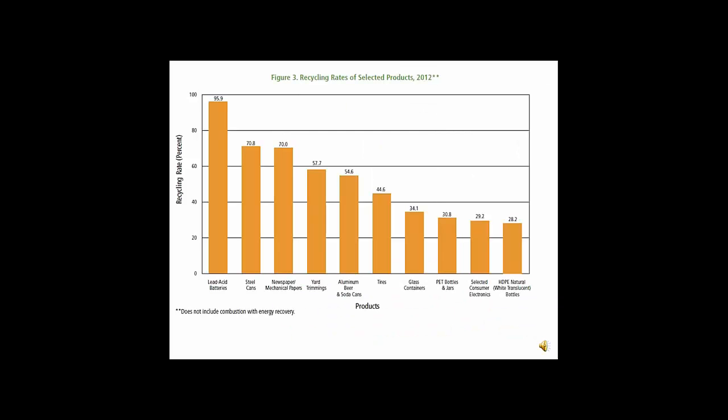Other recycling processes require a little bit more participation by the individuals, and sometimes therefore they don't happen. But you can see, like newspaper, about 70% is recycled, yard trimmings close to 60, but then when you start getting down into some of the more challenging to recycle, especially when you're on the go, like beverage containers, plastic bottles, things like that, the recycling rates drop.